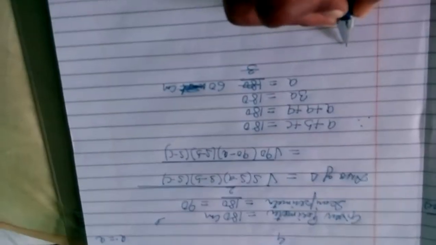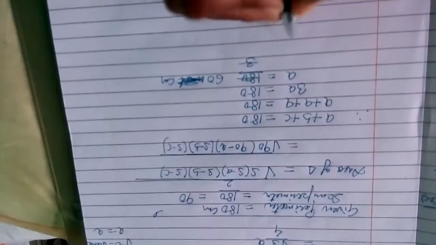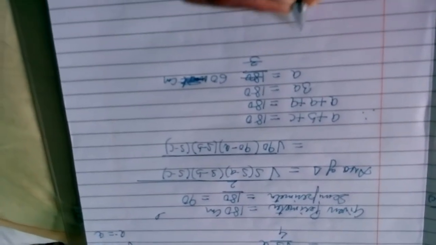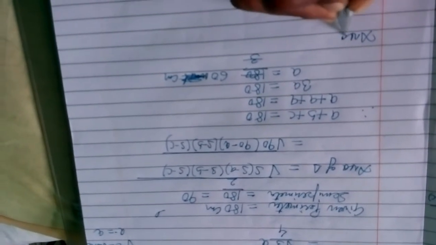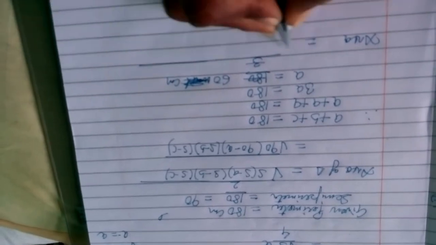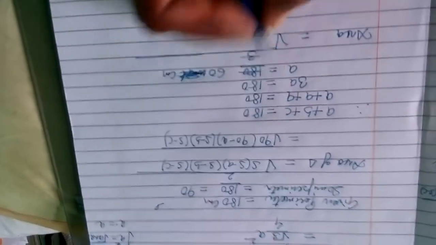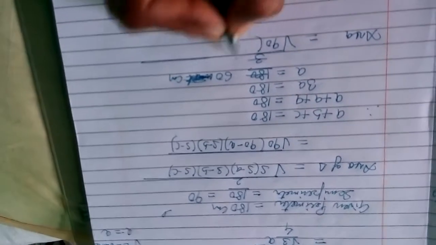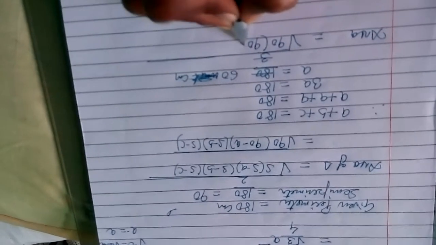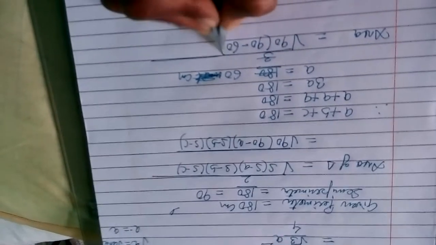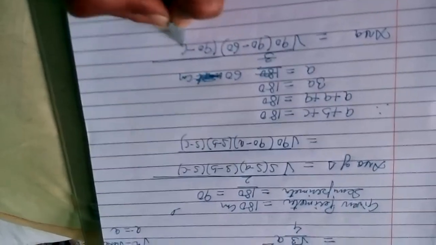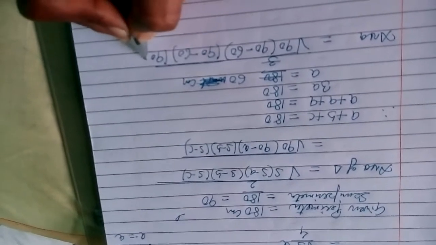Now let us take this here. So now area will be equal to, I'll not write it again, s is 90 into 90 minus a which is 60, again 90 minus 60, and again 90 minus 60.